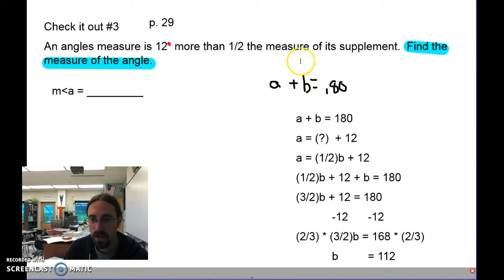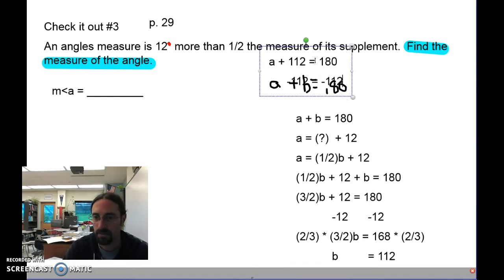So if I know the measure of angle B, A plus 112 equals 180, how am I going to solve that? Well, I'm going to subtract 112 from both sides. You can't see it because it's behind the writing.